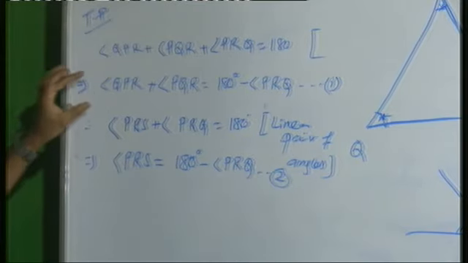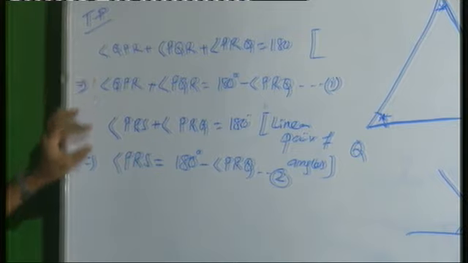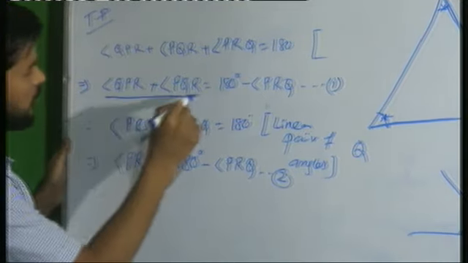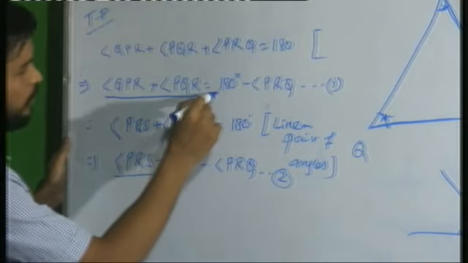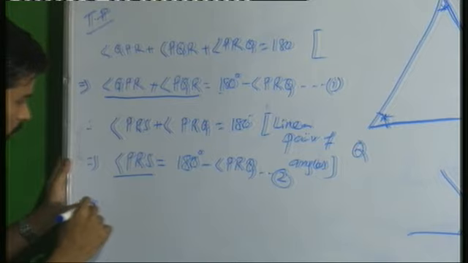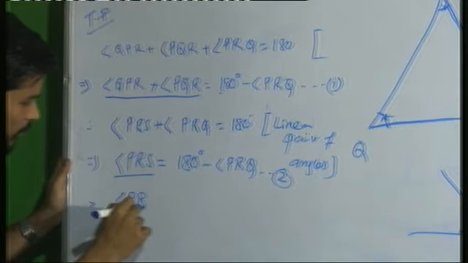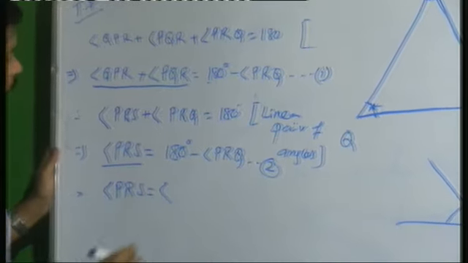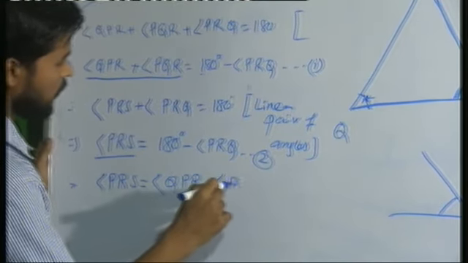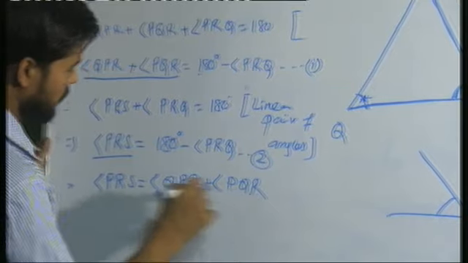Now if I compare equation number 1 and equation number 2, we can see that both quantities are equal to 180 minus angle PQR. So comparing 1 and 2, we can say that angle PRS is equal to angle QPR plus angle PQR.